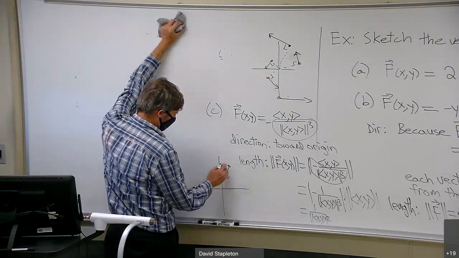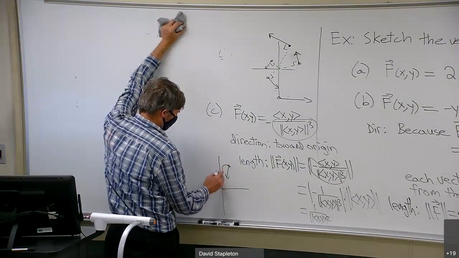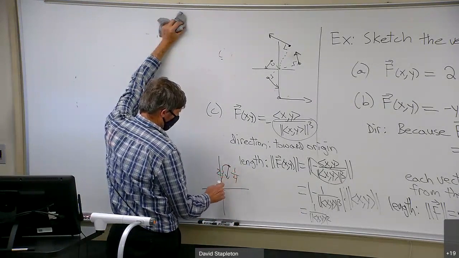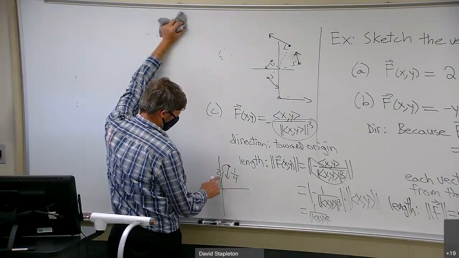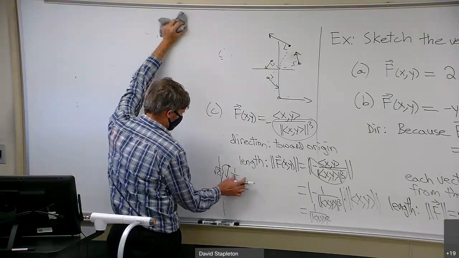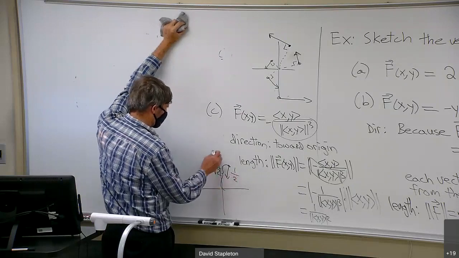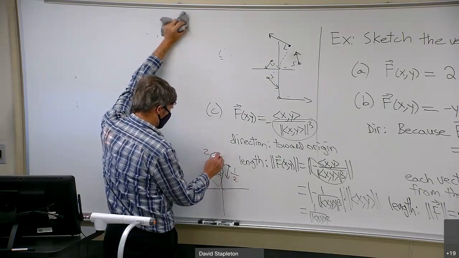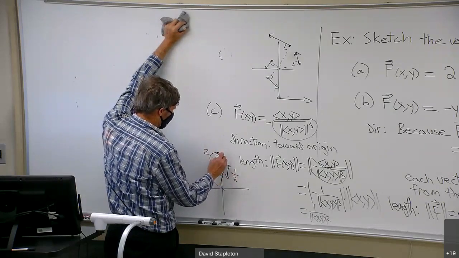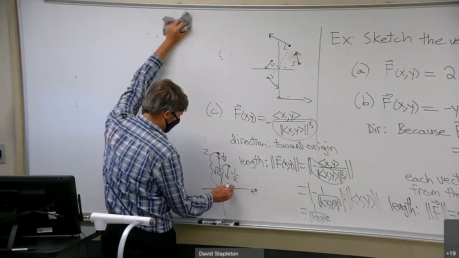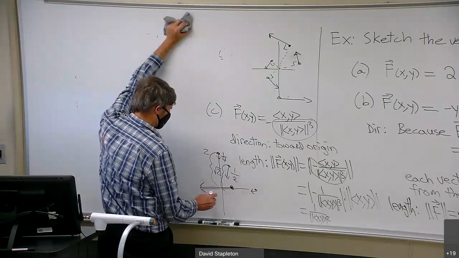So if this is length 2 out here, then this is 1/4 long. Let's say, suppose this is square root 2, then this is 1/2. But if you're out here, 2 units out, then 1 over 2 squared is 1/4. All pointed back at the origin. So little vectors out here, big vectors in here that go clear through.